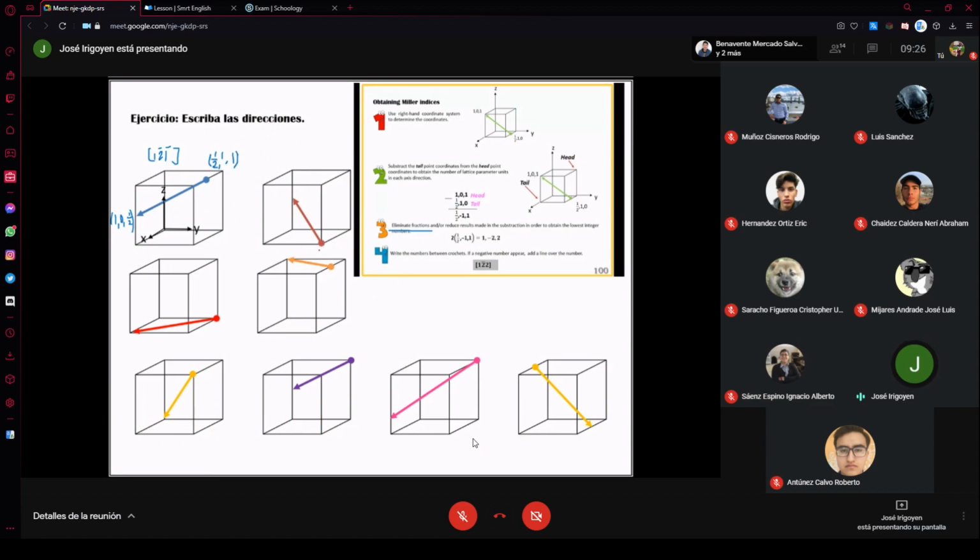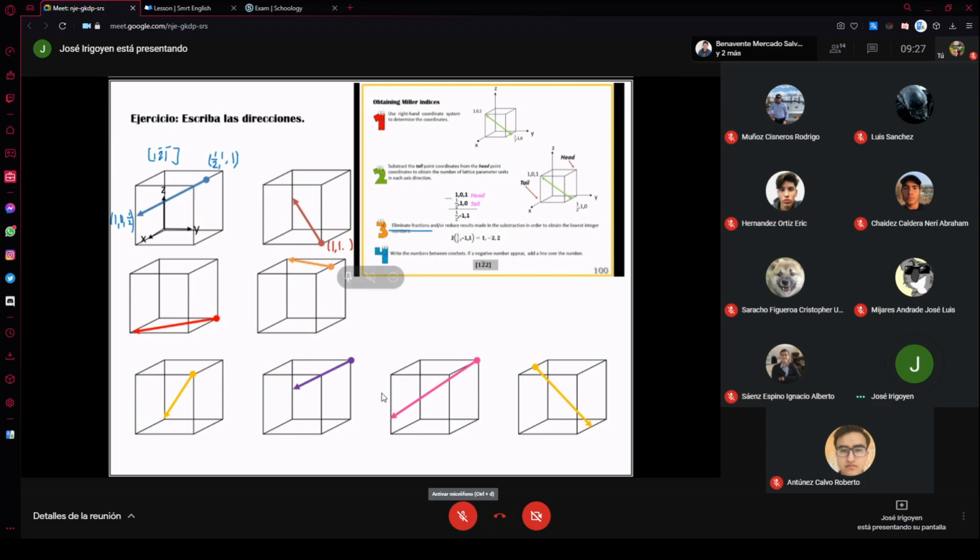Start from the tail. What's the coordinate for this point? Zero, really? If you move 1, from 1, 0. Yes, this one. So 1, 1, 0.